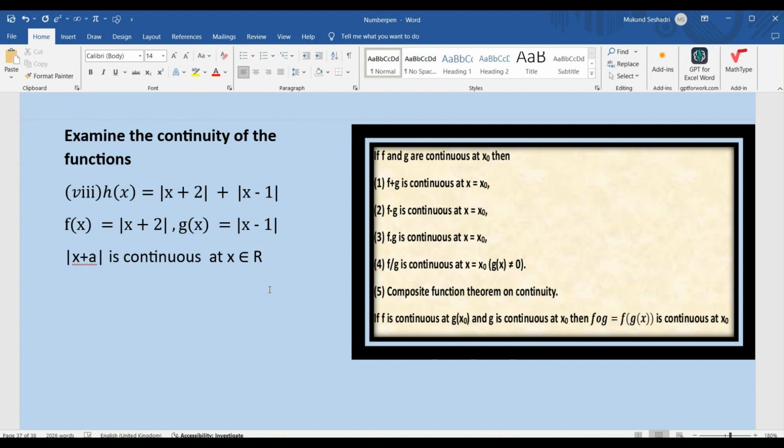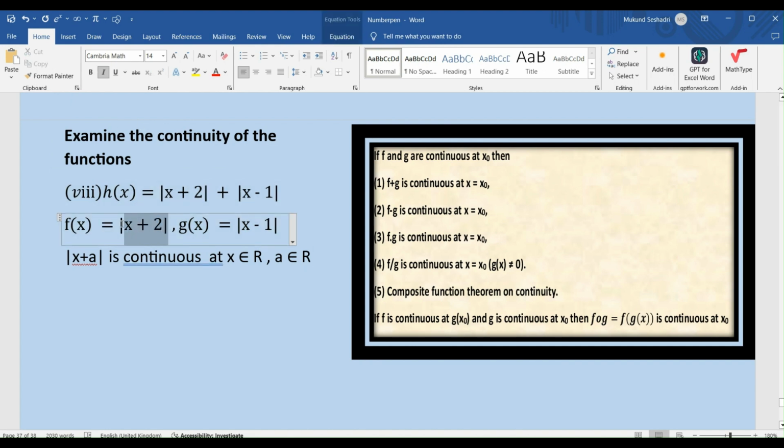And therefore, what does it mean? The mod function is a continuous function for all a belonging to R as well, right? A is a constant and it could be any real number. So now the problem becomes a lot simpler, right?